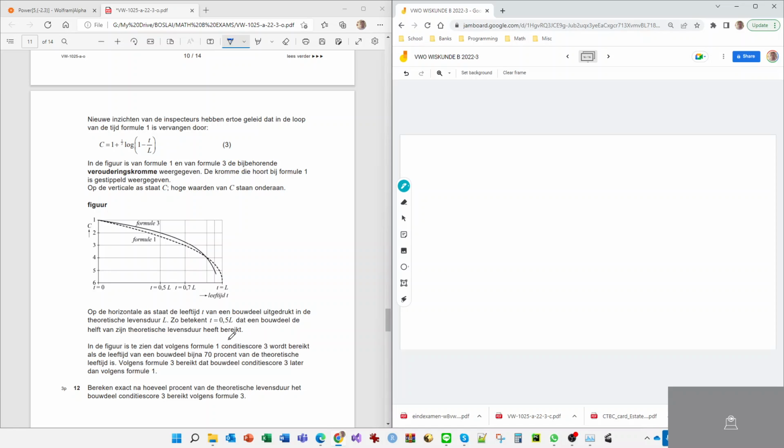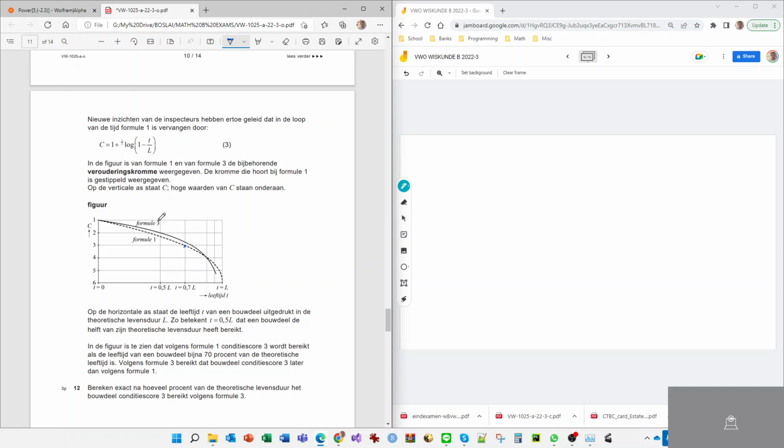Okay, then they say that according to equation 1, it reaches condition score 3 at about 70%, or just before, probably. That's this point here.